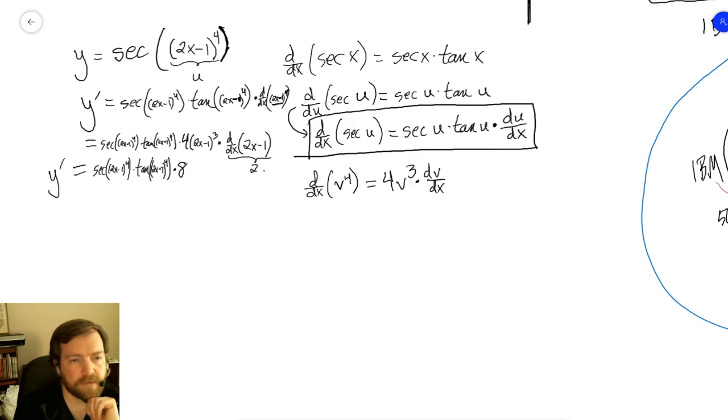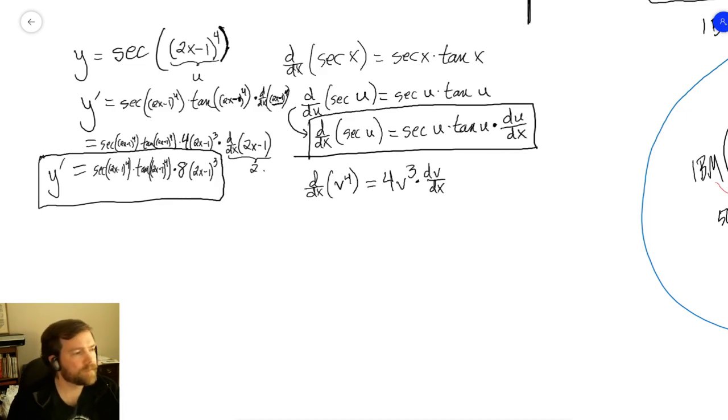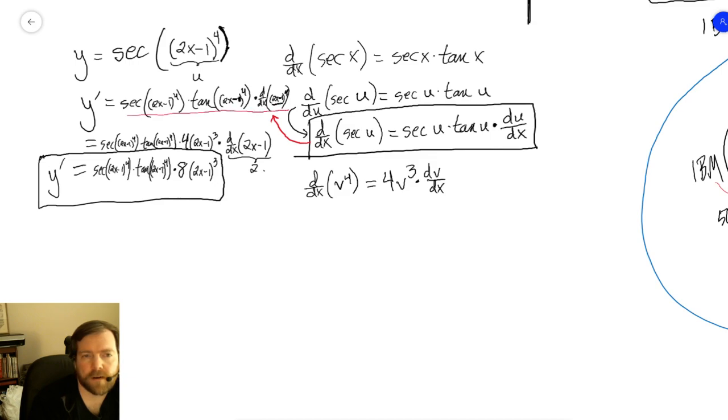So this is going to be 8 parentheses 2x minus 1 to the 3rd. So that goes back to this layer, and all that goes back to that layer.